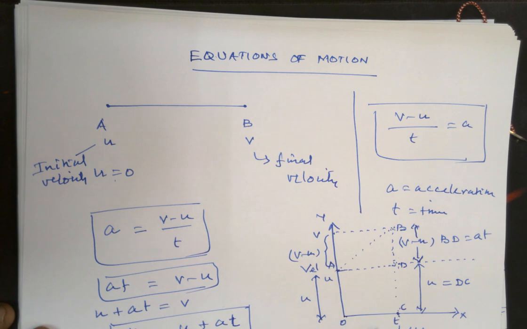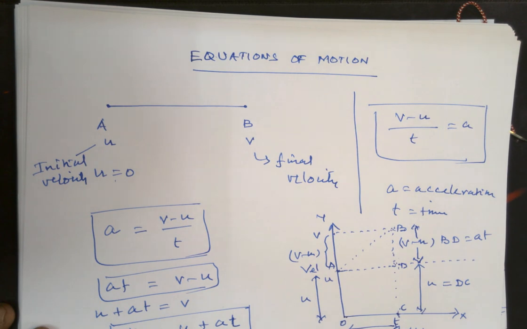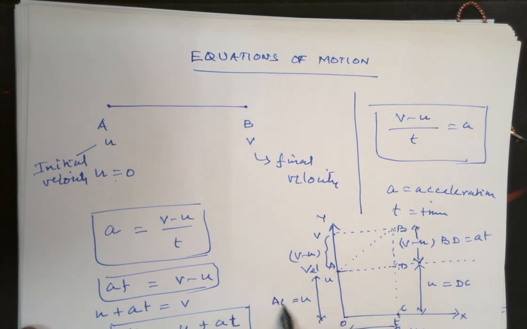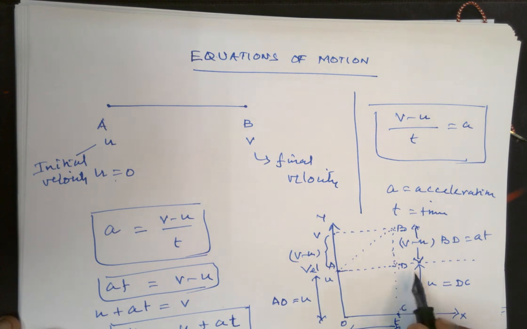OC is the time taken, is it not? What is AO here? That is the initial velocity. You know this DC is equal to AO, and that is why you can put either DC or AO for u. Correct?